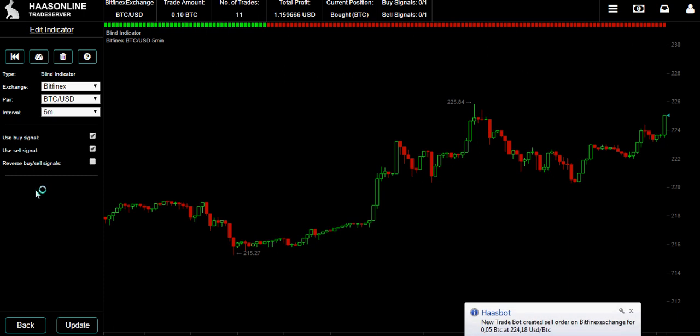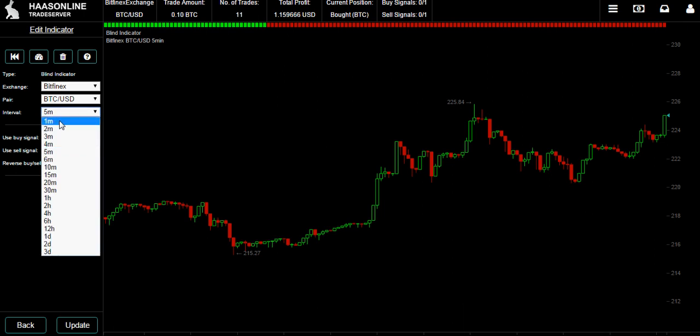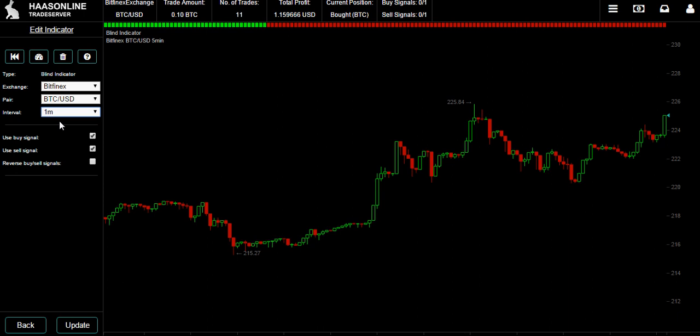So you might think that's not a lot of trades for the scalper, but as you saw, there was sometimes a bigger than $1 gap between the price. Well, that's because I've got the blind indicator set up for 5 minutes as the update time. If you were to put it at 1 minute, it's going to try to see if a trade is possible every minute, but there might not be one.